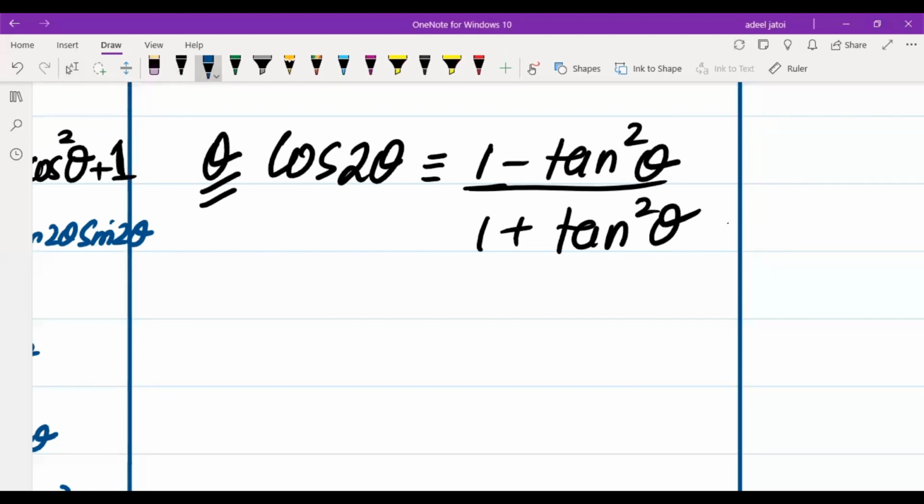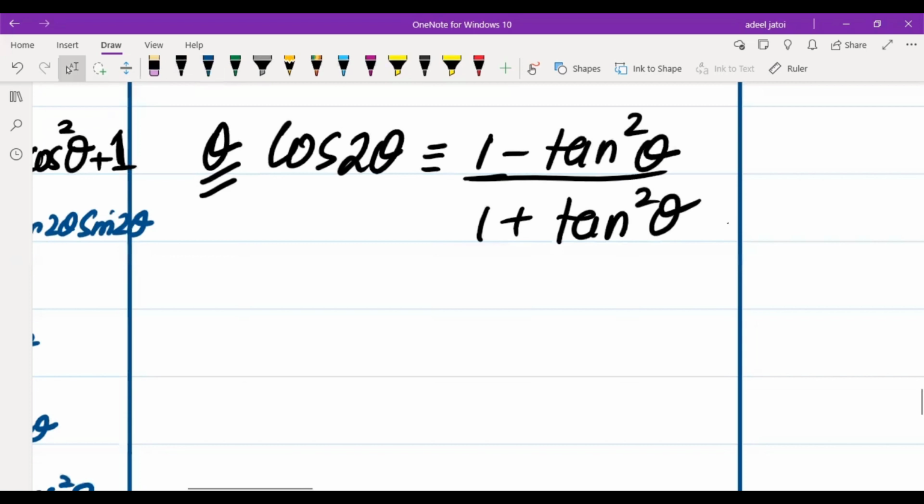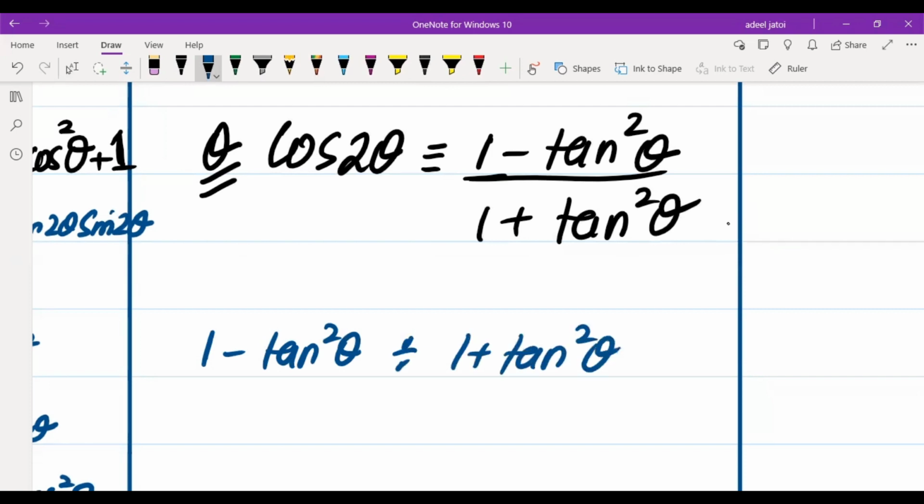Now again, this is another example that cos 2 theta can be opened as cos square theta minus sin square theta, 2 cos square theta minus 1, or 1 minus 2 sin square theta. But the best way is to make sure that we solve the right hand side. So this is 1 minus tan square theta divided by 1 plus tan square theta.